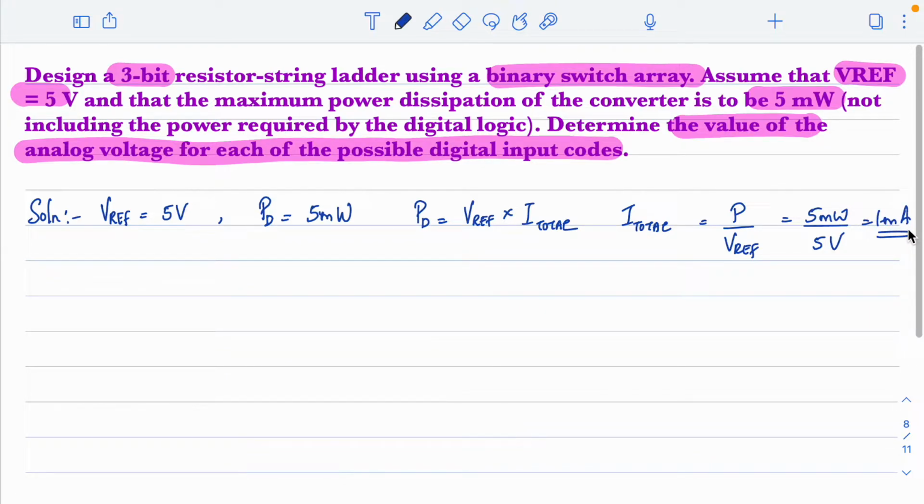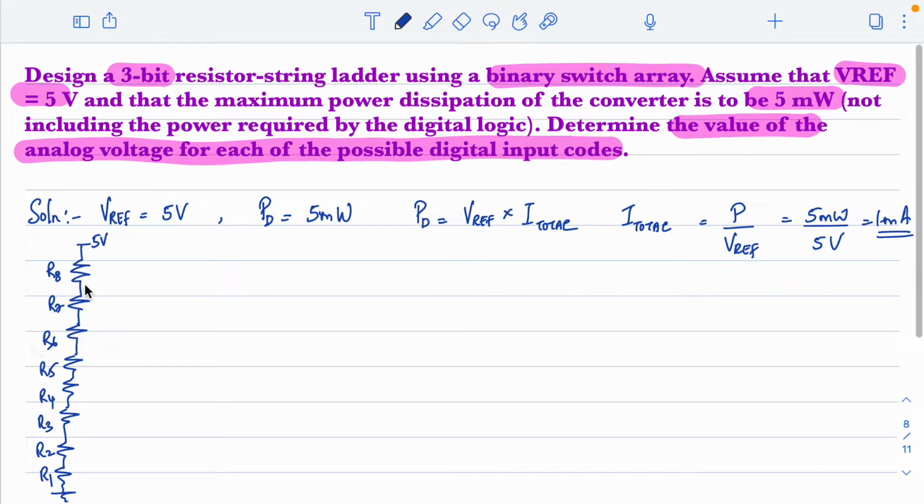When I say total current, for a 3-bit DAC we know that 2 to the power of 3, that is 8 resistors, will be there, and the total current flowing through all these resistors is equal to 1 milliamp. So if you look at the circuit, this is VREF, which is 5, and these are resistors 8 down to 2 and 1.